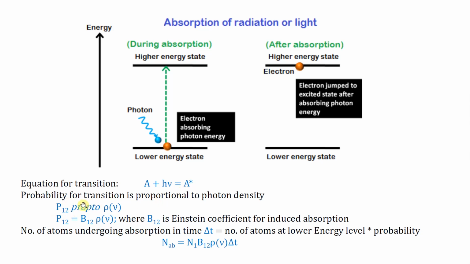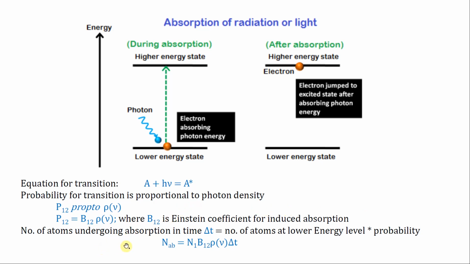So I mention the probability for transition from energy level 1 to energy level 2 as P12 and it is proportional to the photon density rho of nu. So the proportionality constant is given by B12. 1, 2 represents that it is from energy level 1 to 2. And this constant B12 is known as the Einstein coefficient for induced absorption.